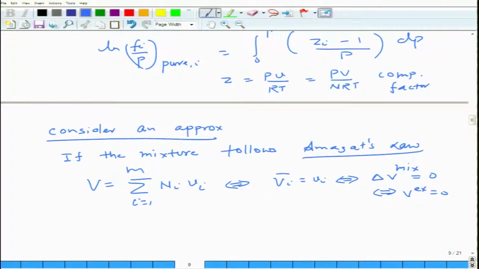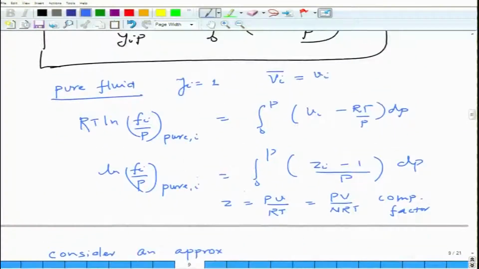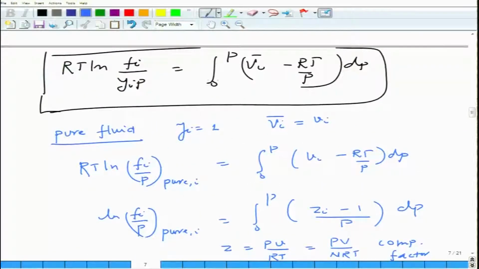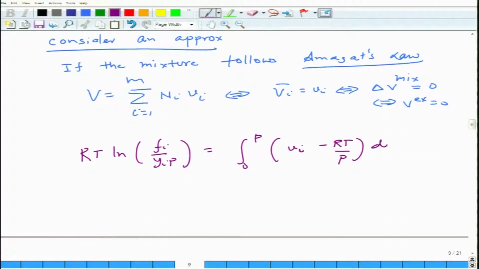Okay. Now if we have this information, that means I can write the partial molar volume of component i as simply the molar volume of component i, and I can plug in here. Using this kind of approximation, what we get is RT ln phi yiP is equal to integral from 0 to P of Vi, instead of Vi bar I am writing Vi, minus RT by P dP.